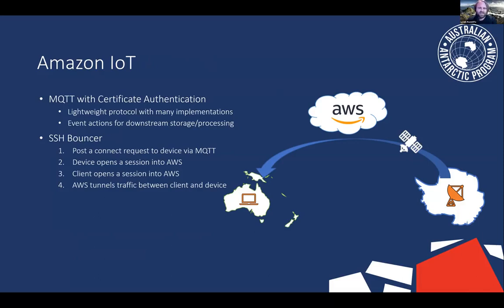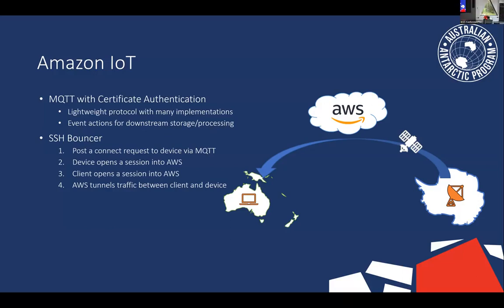There are loads of different open source implementations of it. And on the Amazon side of things, it does very well at hooking into different events, so that once messages come in from remote, you can trigger certain actions depending on what you want to do, whether you want to transfer them, put them into a database, store them to S3, or all of the above.